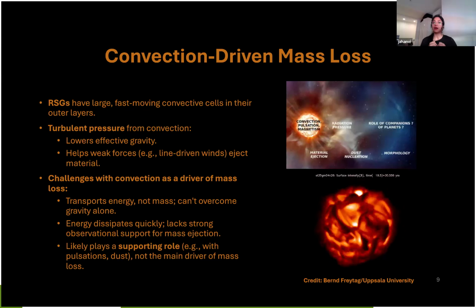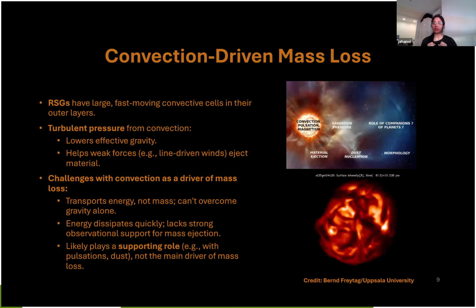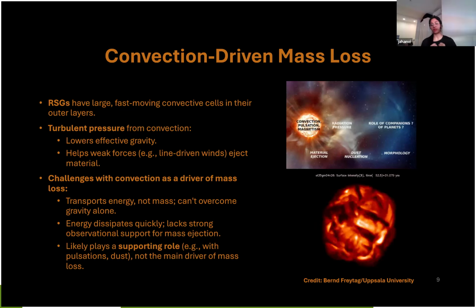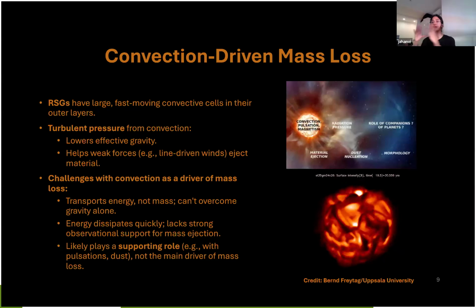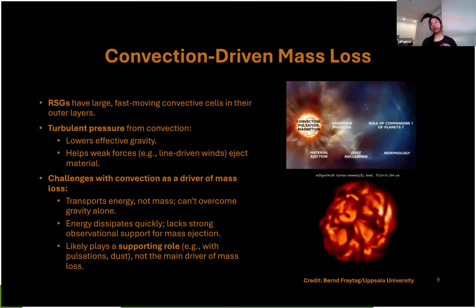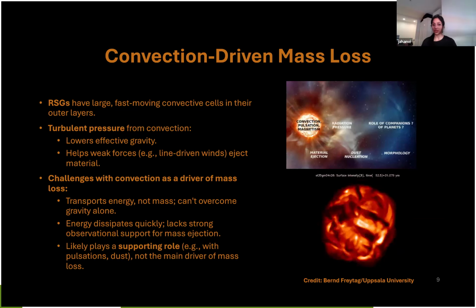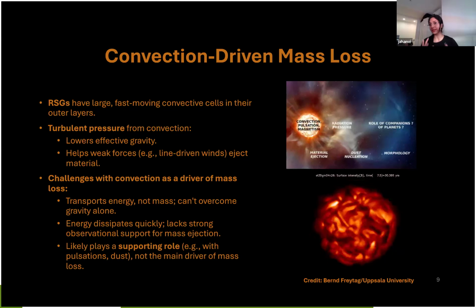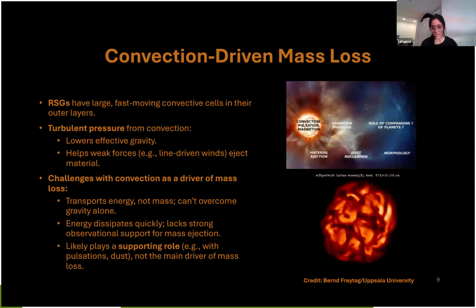So basically, the whole point of convection is that it can create turbulent pressure and lower the effective gravity, but it definitely needs help from other mechanisms to take the material really far from the star. So this is one of the challenges: first of all, it needs some other mechanism as help.